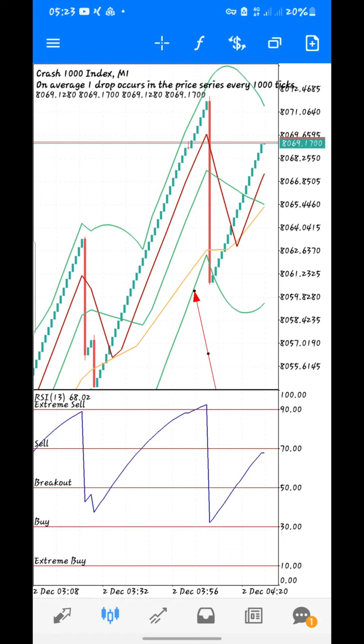So in boom and crash or in MT5, they actually help us indicate the support and resistance.